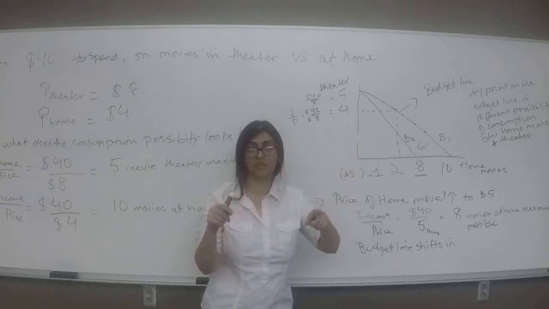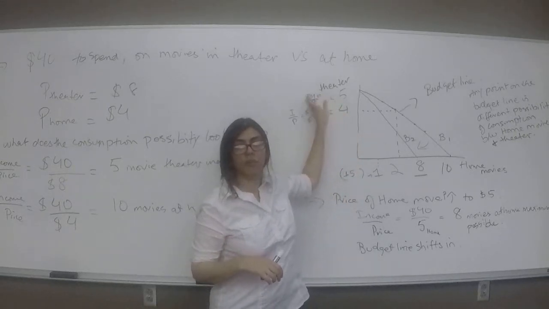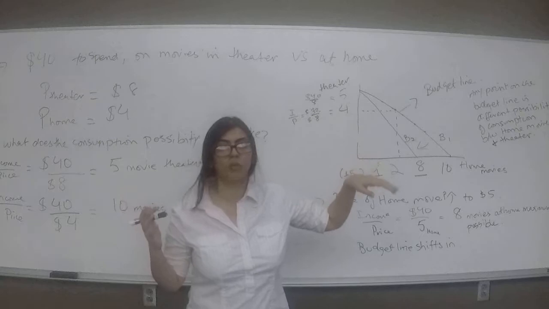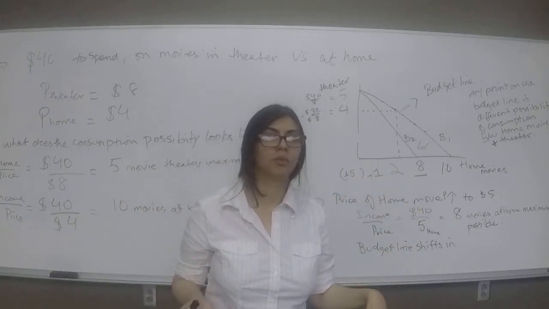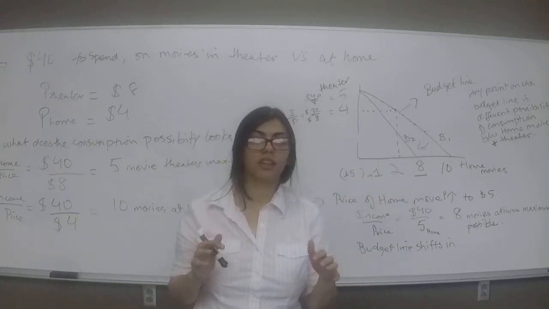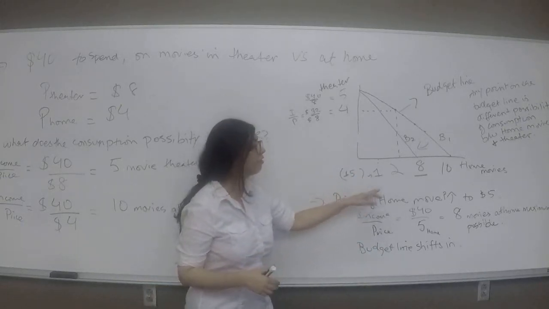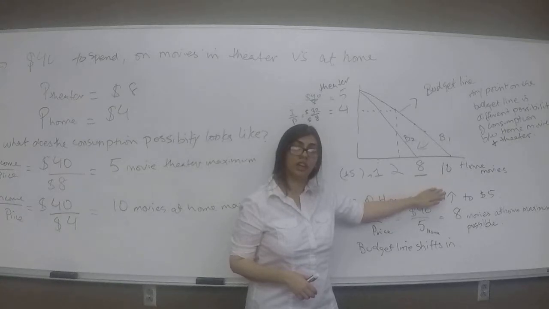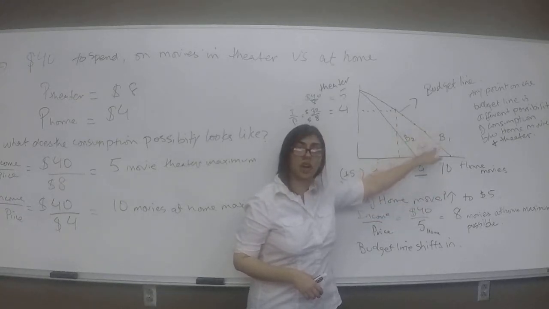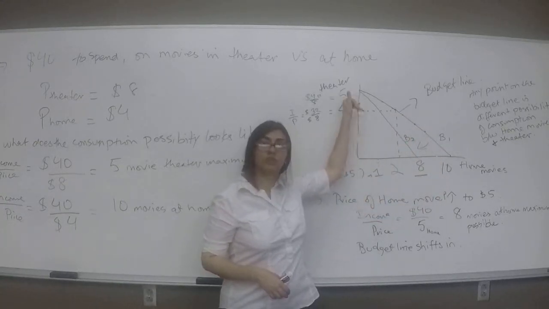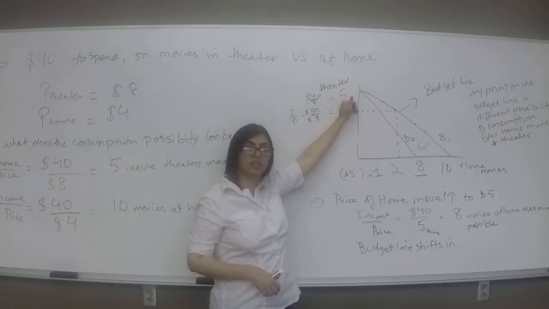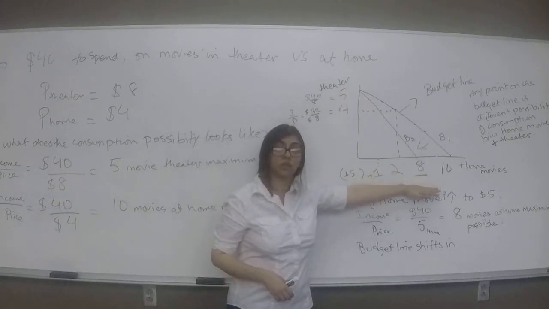Even though you're getting 4.5 theater movies you can watch, these numbers are arbitrary. It's just hypothetical to show you that if you're spending your money on one activity, you are on a budget constraint. You can only do so much of the other activity because you already spent your money on this one.